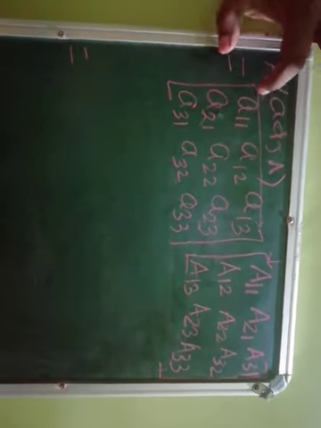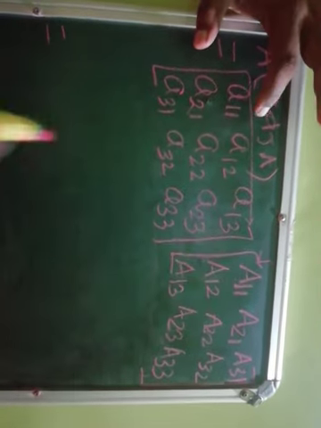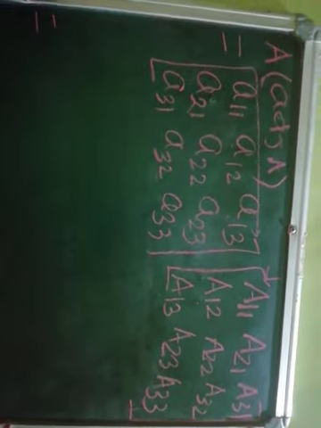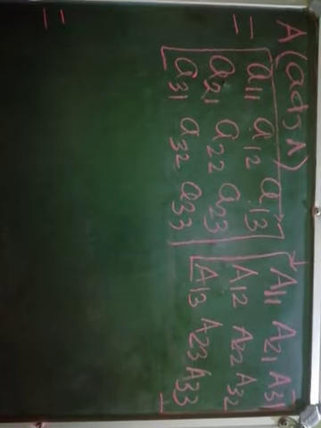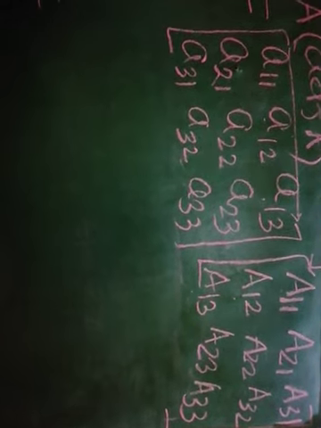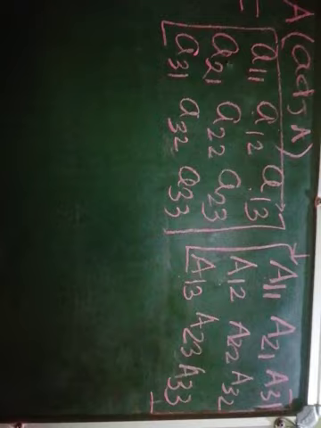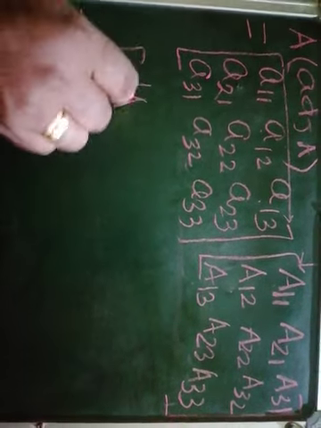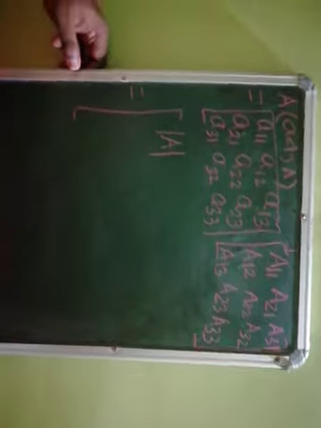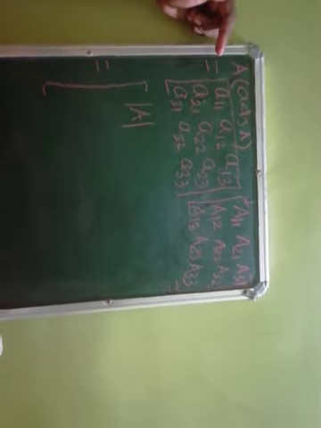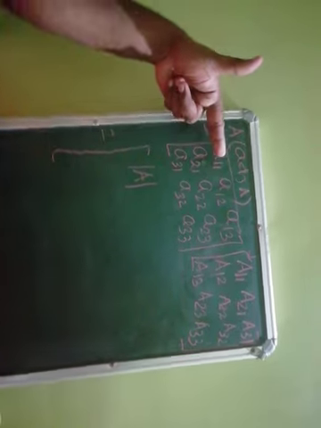The first row will be multiplied with the first column. This is A11 into capital A11, A12 capital A12, A13 capital A13. And you can recall the previous concept that the sum of product of the elements and their corresponding cofactors is equal to determinant of that. So we can write that this is determinant of A. And if we are writing the sum of product of the elements of a row and the cofactors of any other row, then that is 0.